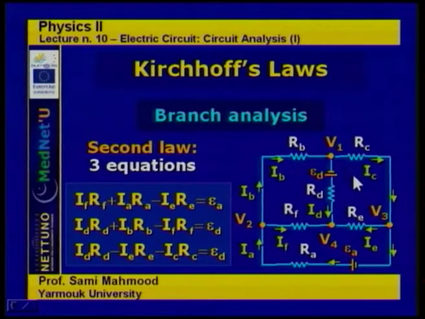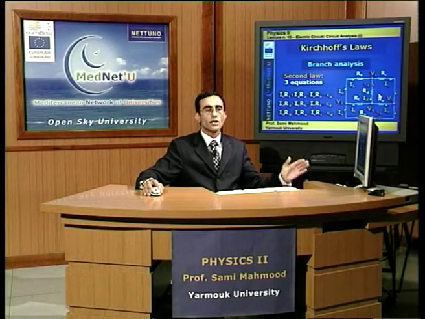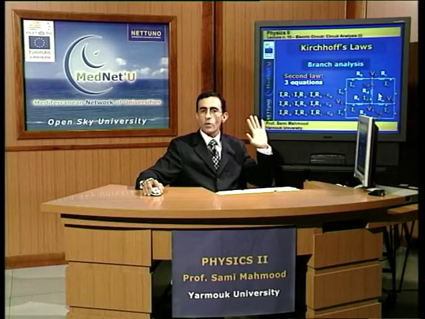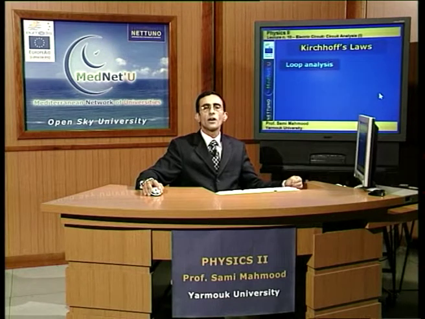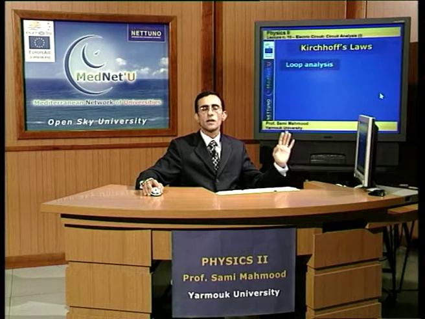So we have the third equation, IDRD minus IERE minus ICRC is equal to epsilon D. So we have again three equations from Kirchhoff's second law. We have three equations from Kirchhoff's first law, and thus we have six equations that we can solve, and we can get the six unknown currents.